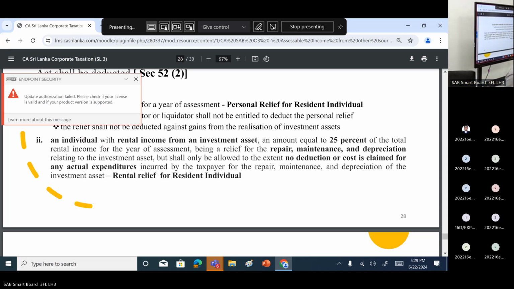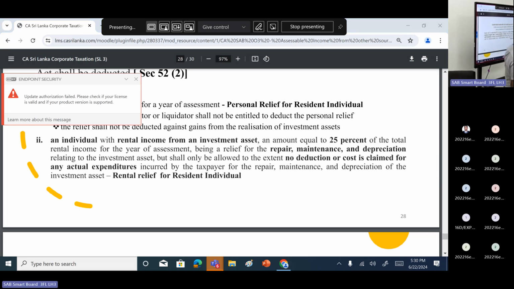So once we deducted that interest cost, as well as that 25% relief, there wouldn't be any assessable income, as per my computation. They challenged that one. They told me that you cannot deduct interest if you are claiming this 25%. That was the argument they put forward. So they ascertained the tax liability at somewhere more than 5 million, as per their computation.